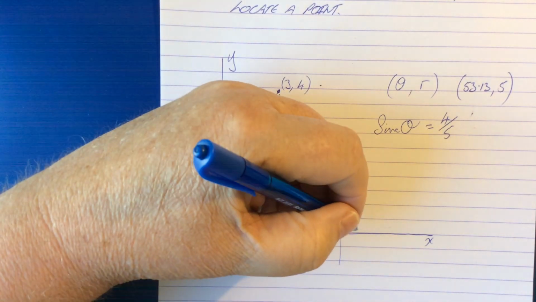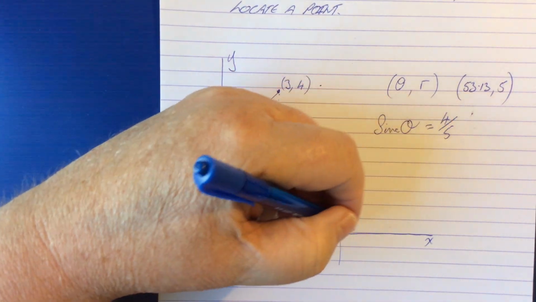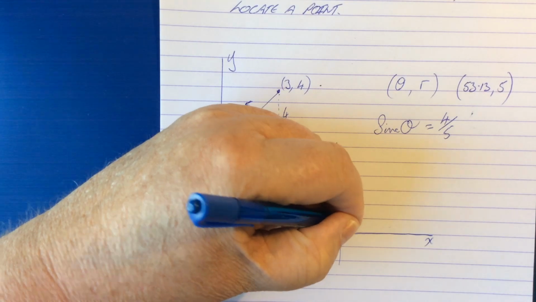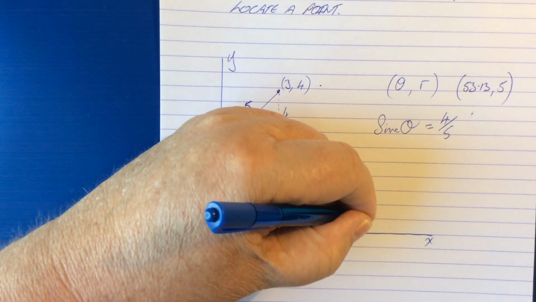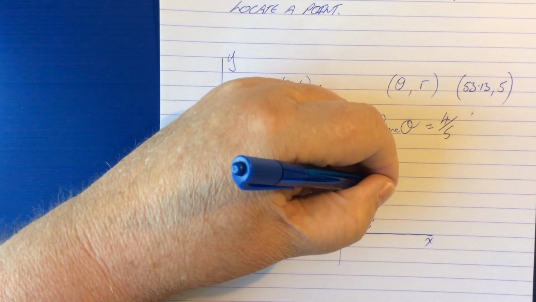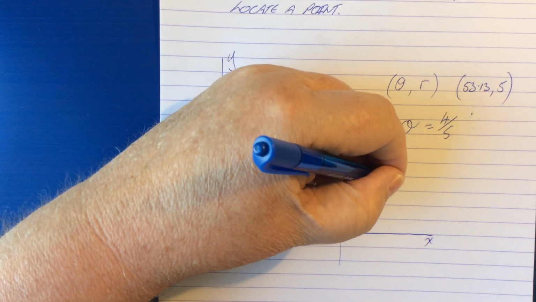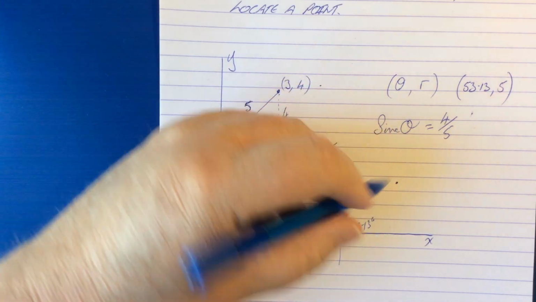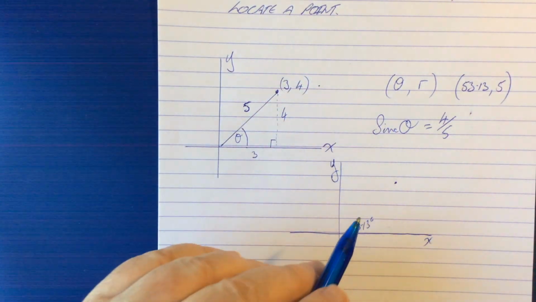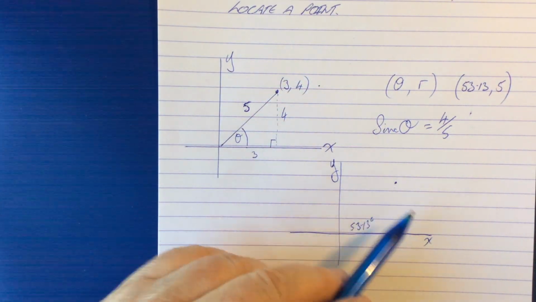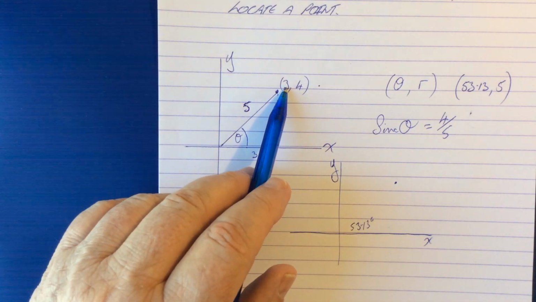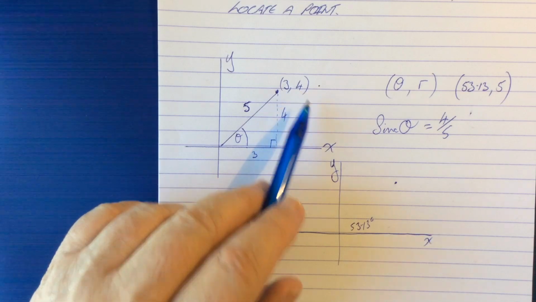Okay, so what we have is an angle of 53.13 degrees, and we have a distance of 5, which would put our point there, which we could safely translate back into the more familiar form as 3, 4.